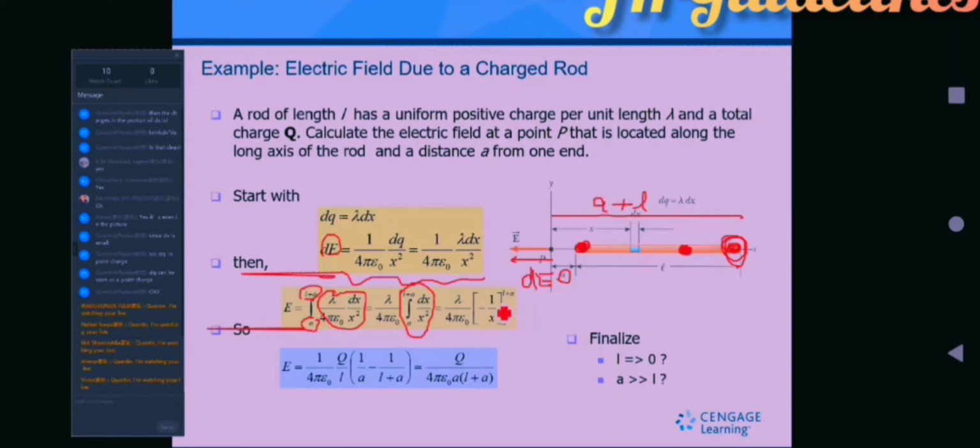If you do the integration, you will get 1 over A minus 1 over L plus A. If we write lambda equals Q divided by L, then we will get the solution like this. Now, my turn. Do you have any questions about this example?